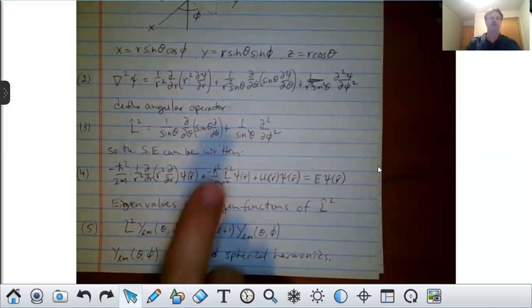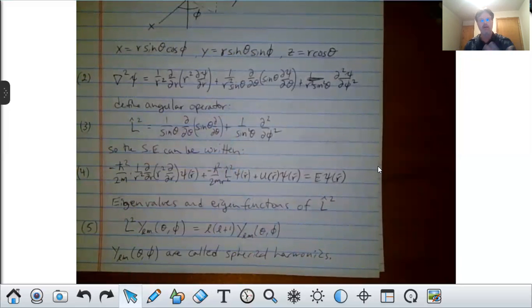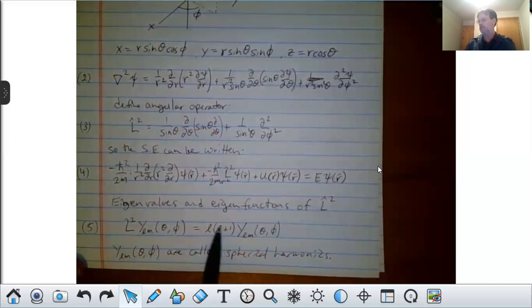And remember, the L squared is given by this. We can talk later and write down particular solutions of this, but we also get this eigenvalue, which is L times (L plus 1).